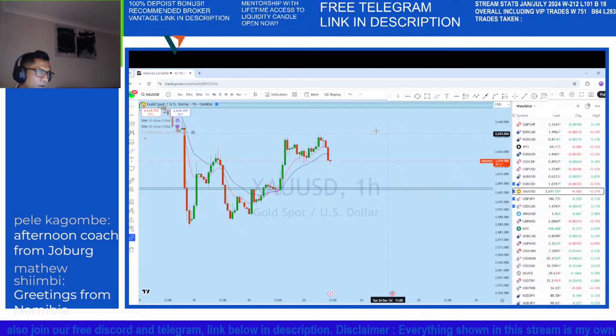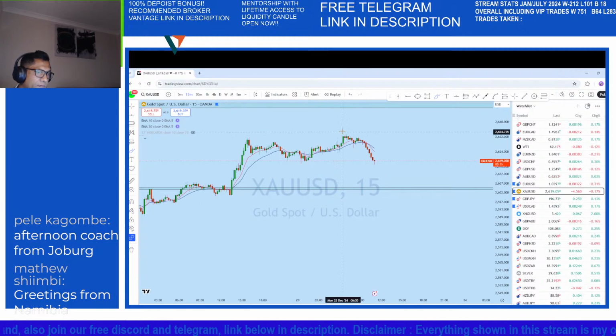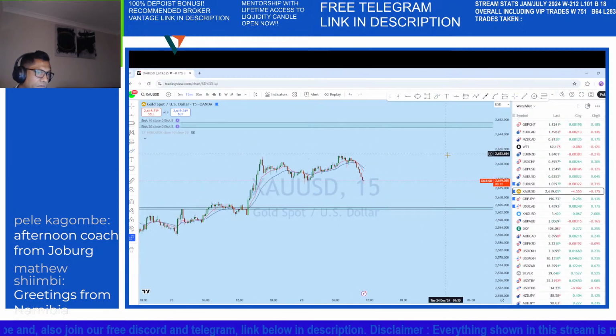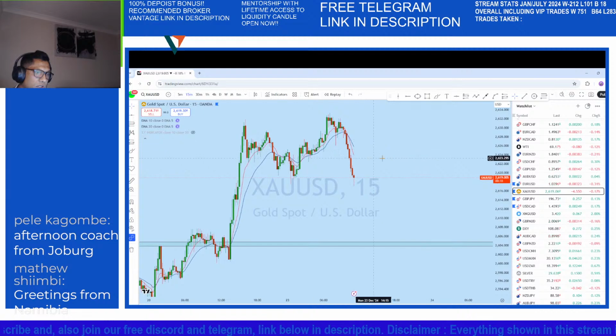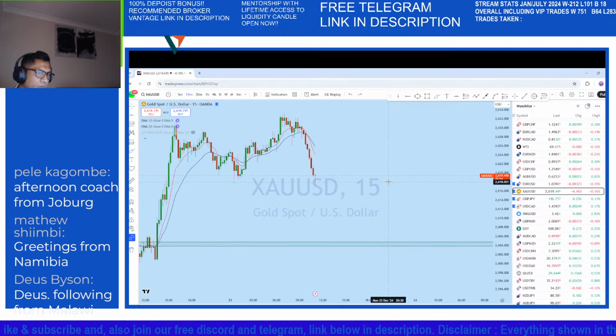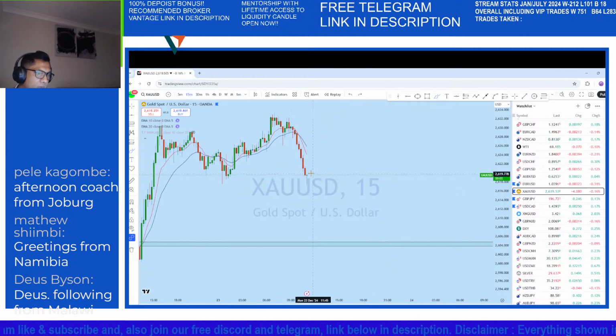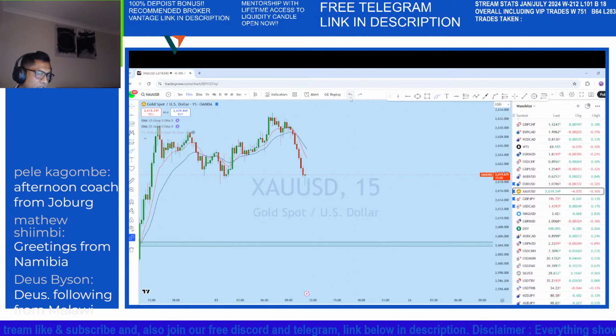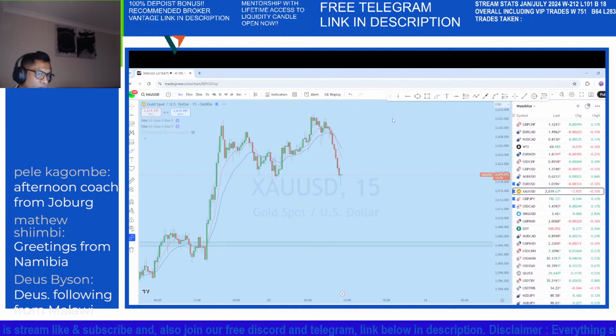This is the 15 minutes perspective, and on this lower time frame there is a massive breakdown to that level, and with that breakdown, expecting the market to drop here to the support level.